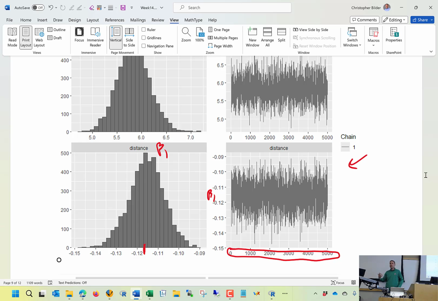And so what we do in a Bayesian context is we look at one of these plots. What we're looking for is, do these values tend to stay in about the same location over the 5,000 sampled values? Sometimes it's just easier to show you something that you don't want to have happen. So if I saw something like this, in a time series context, we would say we have non-stationarity in the mean.